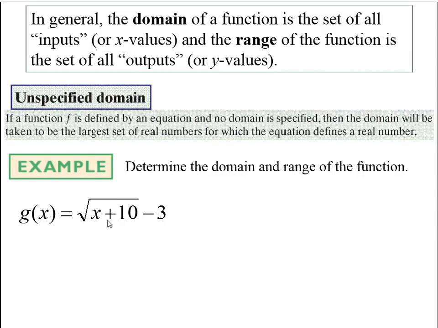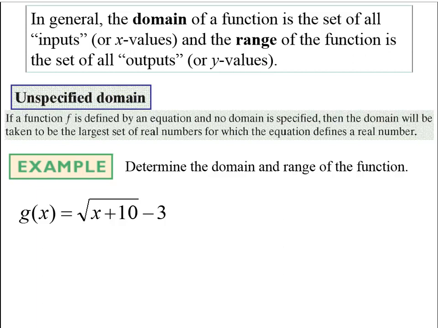So in this first example, we have a square root, right? And you may recall that the square root of a negative number is not real. Typically in an intermediate algebra course, we say the square root of a negative is an imaginary number, sometimes called a complex number. We don't want to deal with those values in this algebra course. So when I plug a number in for the x variable, I don't want an imaginary output.